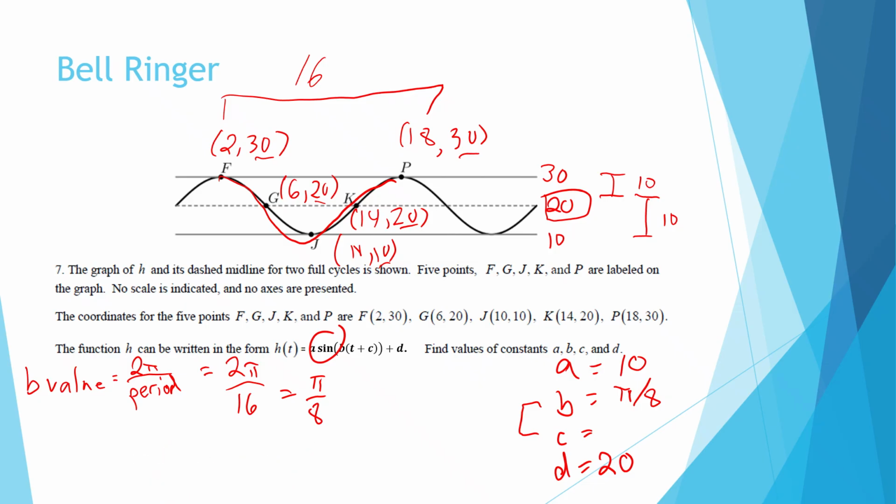Our sine starting point is actually going to be point K, not G. So make sure that the sine starting point will always be K for any of these questions. Now look, the x coordinate is 14. However, for our actual answer, C should be the opposite, negative 14, and that is going to be our solution there. So you will see one of these questions, two of these questions honestly, on your next test, so just be prepared for that.